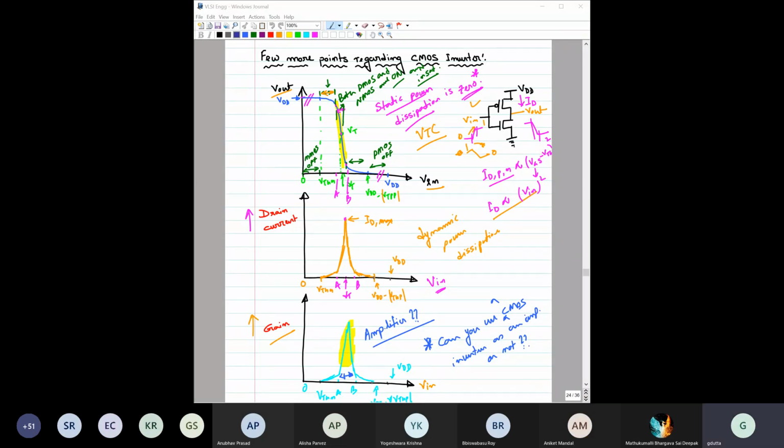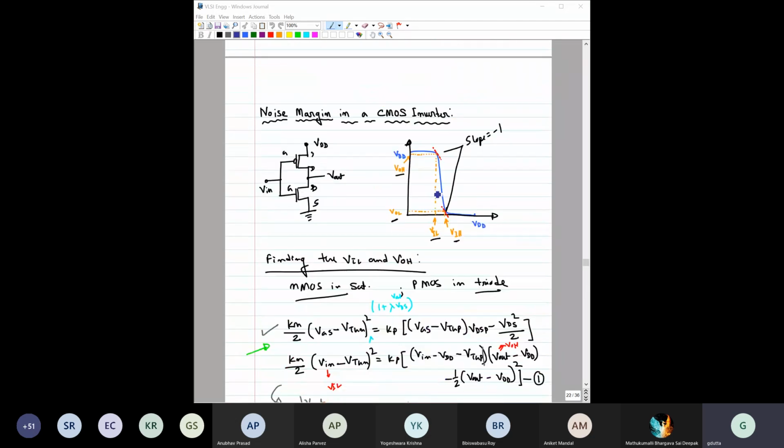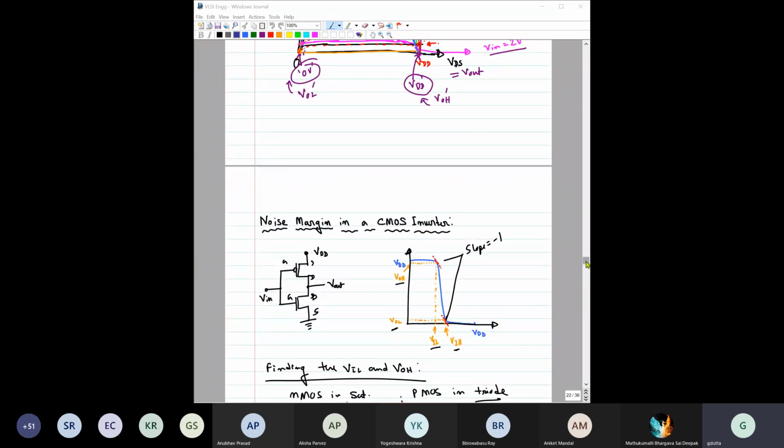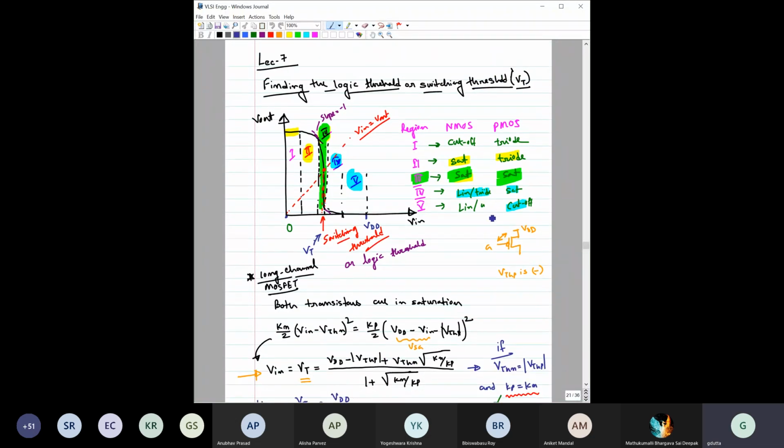Good morning once again to all of you. In the last class, we were discussing this CMOS inverter. Just to recap, we discussed how to find the switching threshold, or logic threshold, for this CMOS inverter.